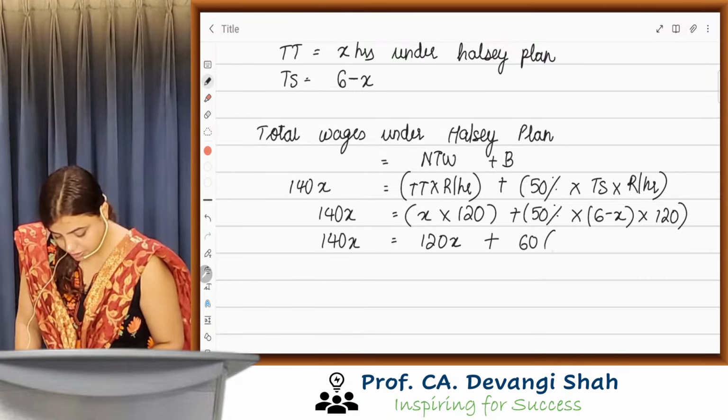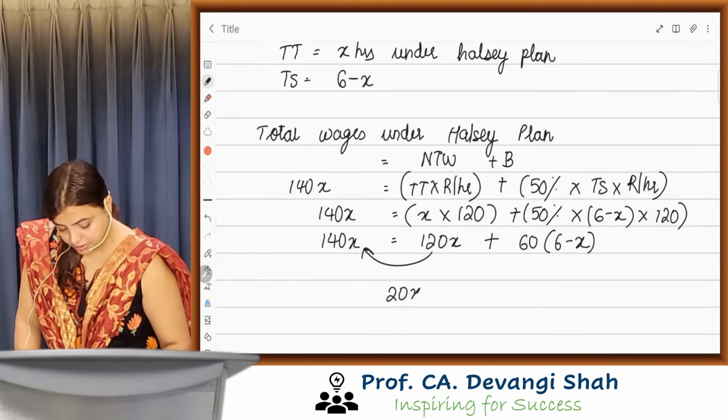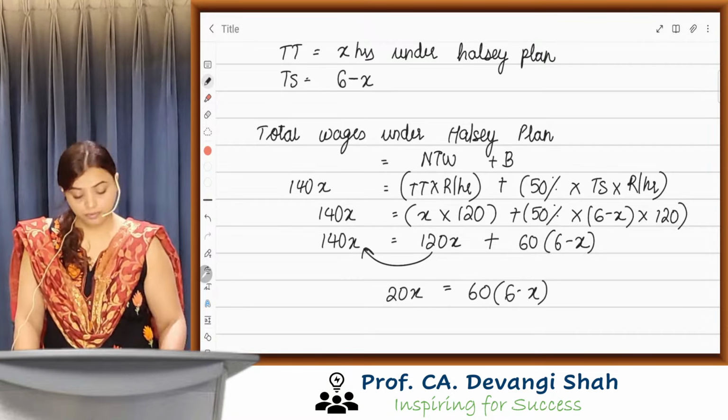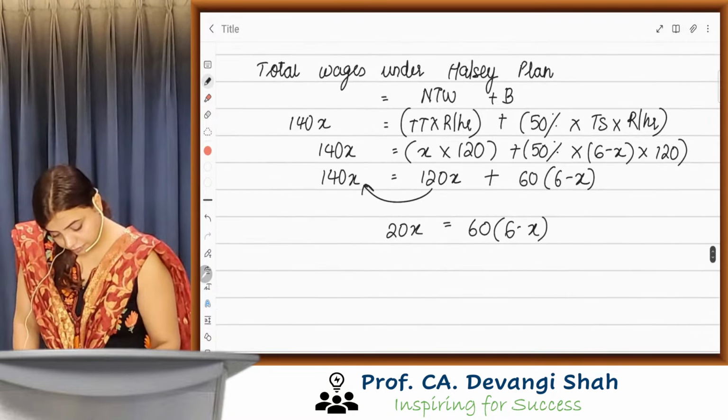Okay, 120x we shift it here, we get 20x is equal to 60 into 6 minus x. Then 20x upon 60 is equal to 6 minus x. Yes.